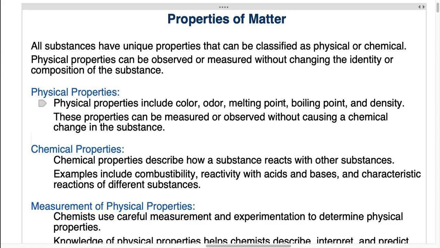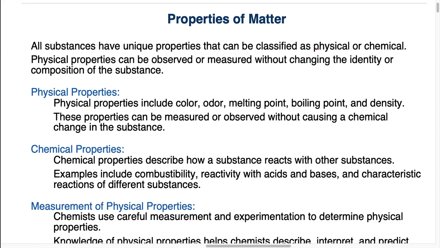So let's start with the introduction of properties of matter. We know that all substances have unique properties that can be classified as physical or chemical. In simple terms, we can classify all substances' properties into two categories: physical properties or chemical properties.